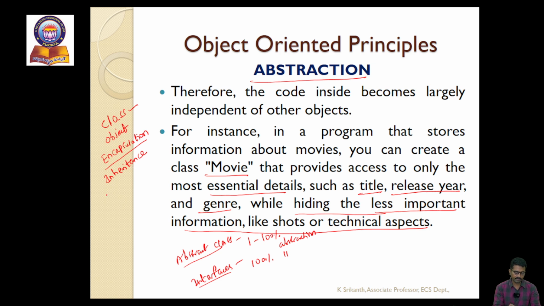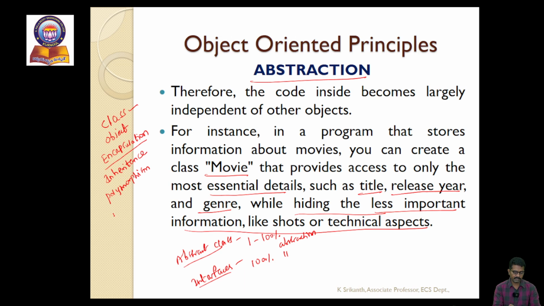Then we have polymorphism. Polymorphism is nothing but making a method react in different formats based on the object, achieving many forms. Poly means many and morph means forms, right? So a single method is reacting in different ways based on the object input.